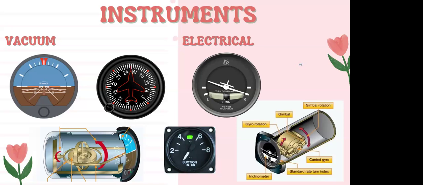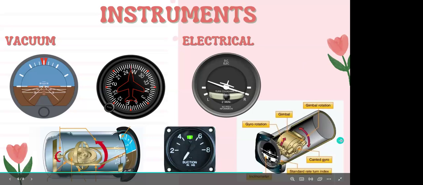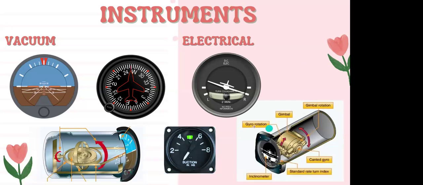And with our turn coordinator, it's kind of the same setup. As you can see in here, we also have a gyro inside of our turn coordinator. The biggest difference is going to be where it's getting its power from.